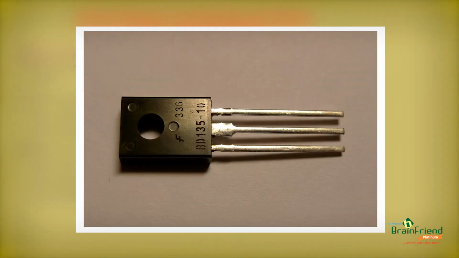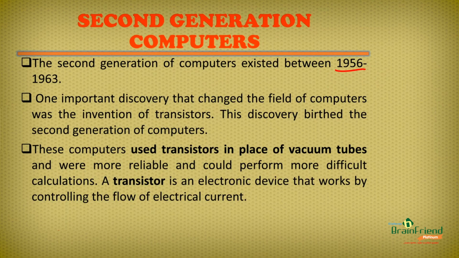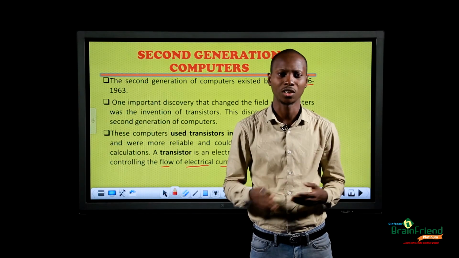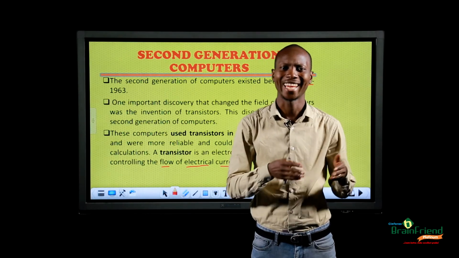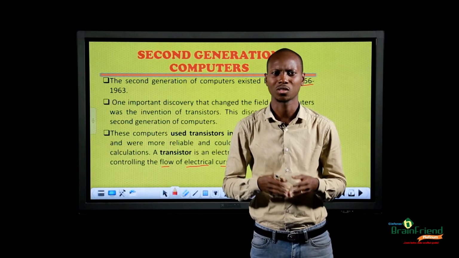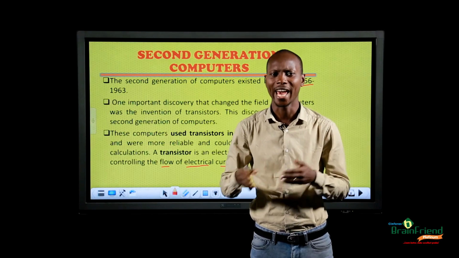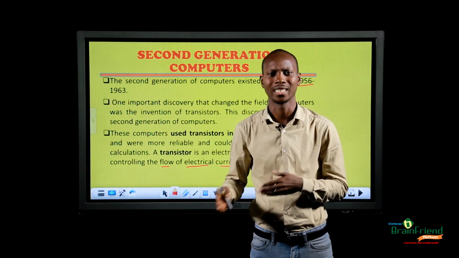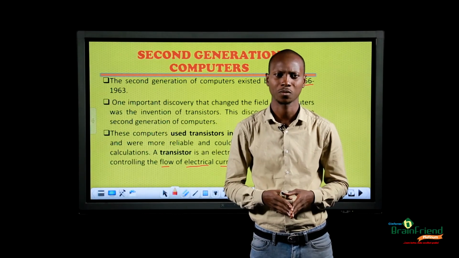A transistor is an electronic device that works by controlling the flow of electrical current. The use of transistors enabled the second generation of computers to become more reliable and also to perform more difficult calculations than the first generation of computers.